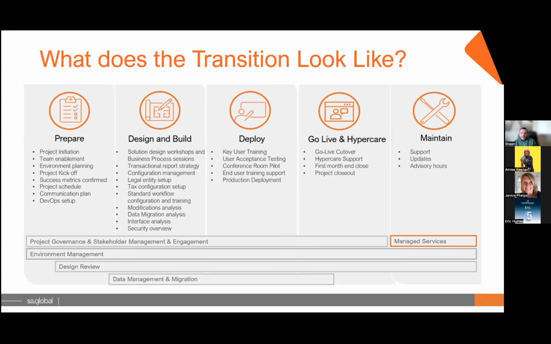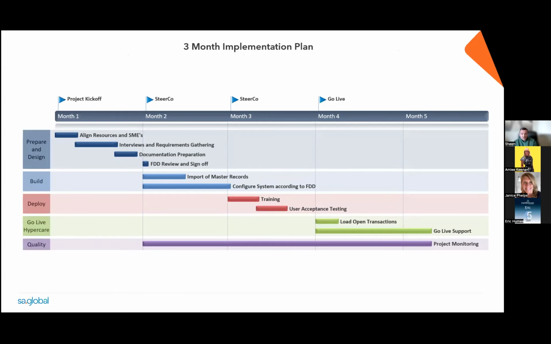If you're not familiar with that, as GP customers, hypercare is what we call support services at SA Global, which is the intense support during go live. So you have people at the ready all the time during that transition. And then the maintenance or optimization after. So pretty simple. That doesn't mean it's easy, but the process is very, very important. Your methodology should be strong because you need to make sure you stick to a timeline.